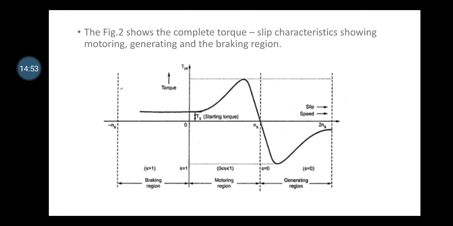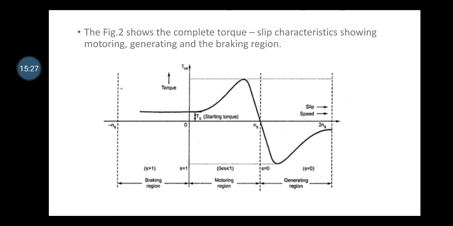Now here is the complete torque slip characteristic of an induction machine which is operated in the braking region, motoring region and generating region. In this slide, the figure below shows the complete torque slip characteristics showing the motoring, generating and braking regions. In the braking region, the slip is more than 1.